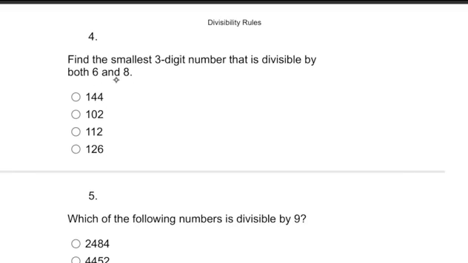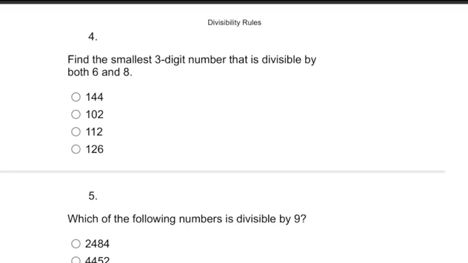For both of them, the number must be divisible by 2. And for 8, we check the last 3 digits as well. For a number to be divisible by 8, if you have a very large number, the last 3 digits must be divisible by 8.